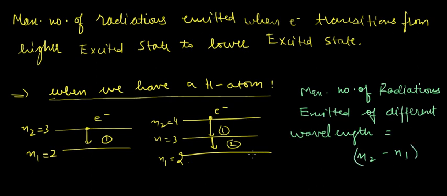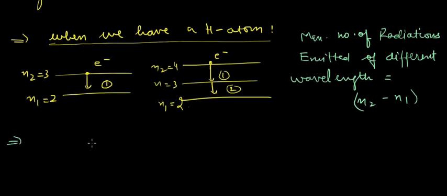Okay, so let's see another case wherein we have sufficient electrons. In the hydrogen atom, why did we take the hydrogen atom? Because in the hydrogen atom we have only one electron. So let's see case 2 when we have sufficient electrons.